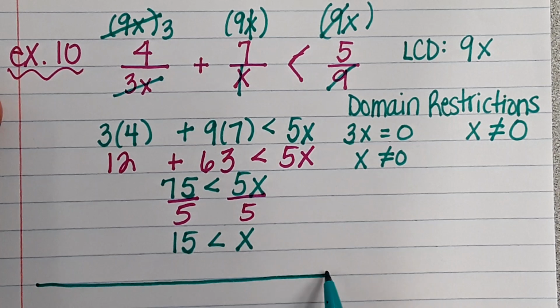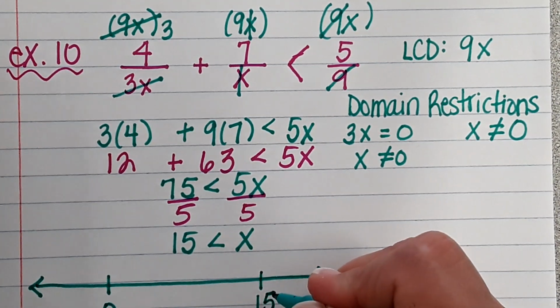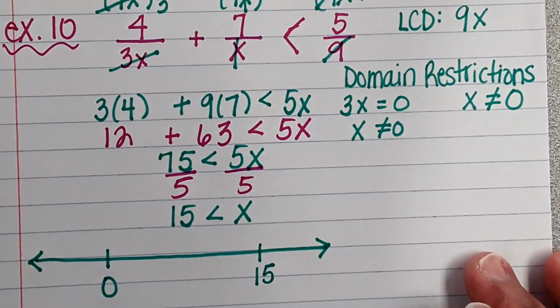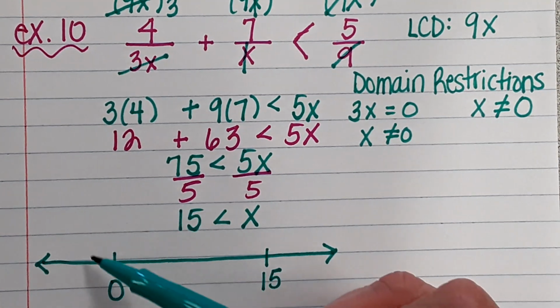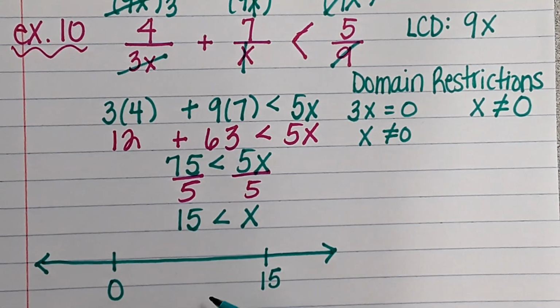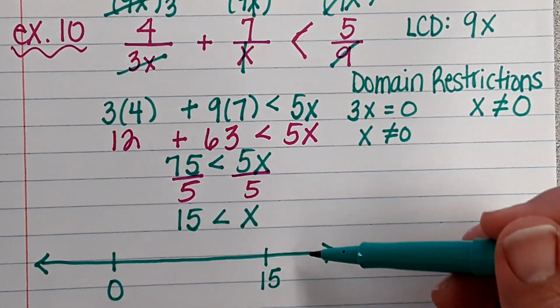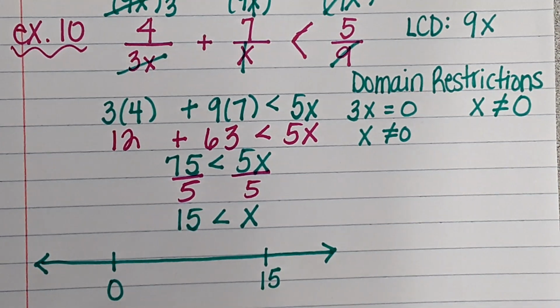We're going to draw a number line. We're going to put 0 and 15, and do the same thing we did in the last example. We're going to pick a point that's less than 0, a point between 0 and 15, and a point that is larger than 15, okay? And we're going to decide what areas x can be.